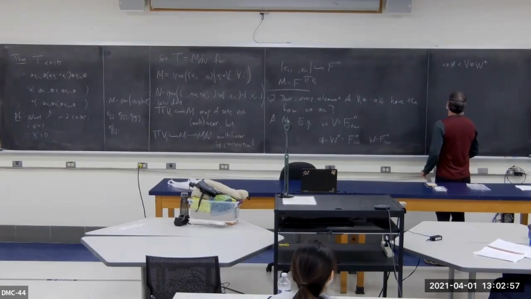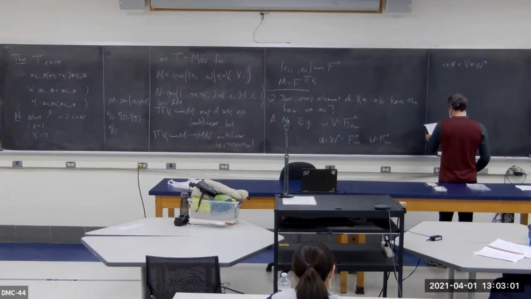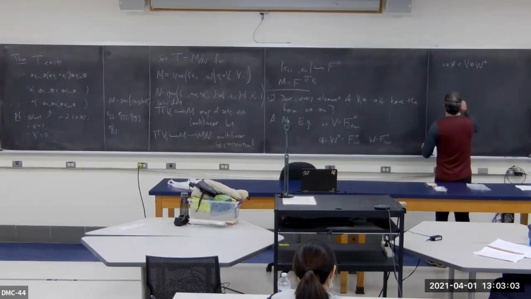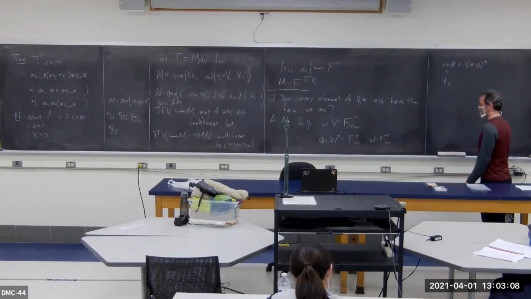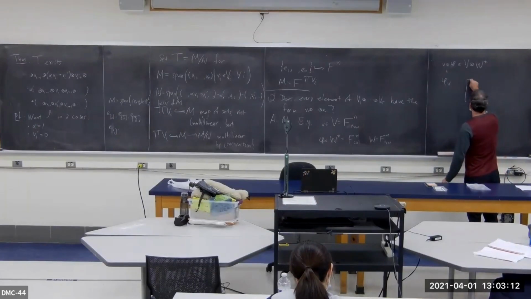So what is V tensor phi going to be? I claim that V tensor phi is going to be phi times V. So phi is a column vector of size n, right? And then we have a row vector of size n.